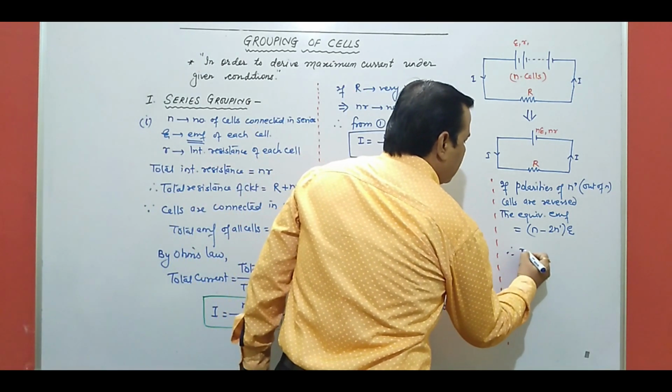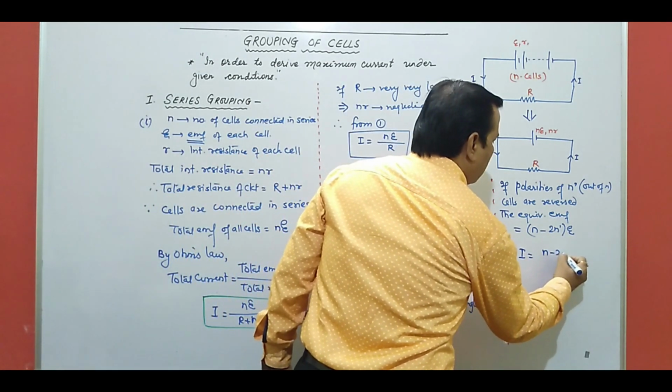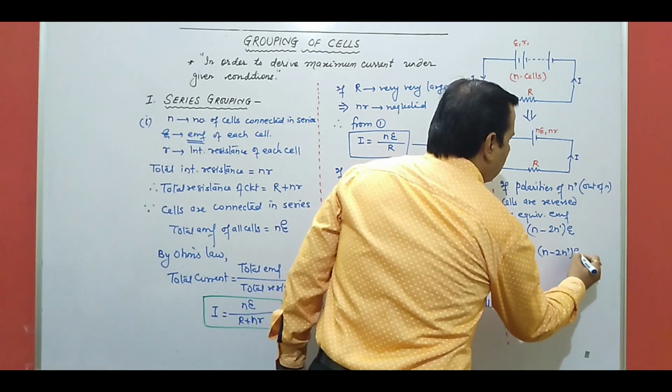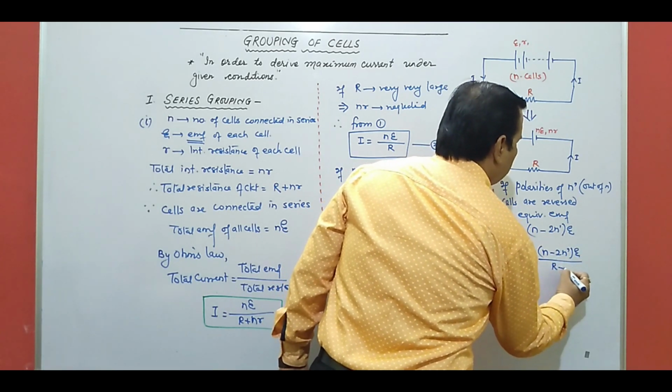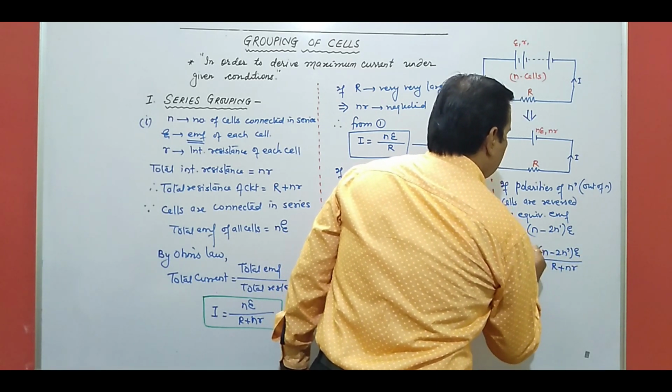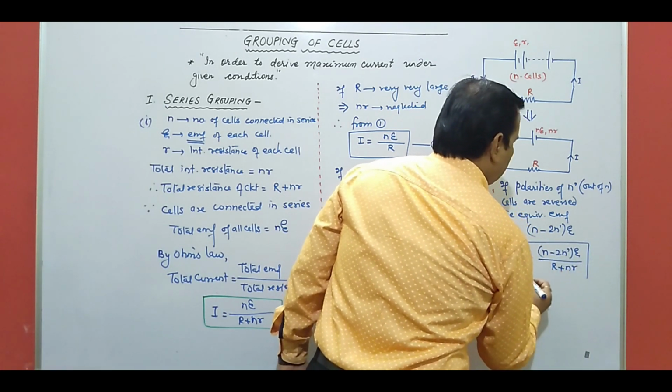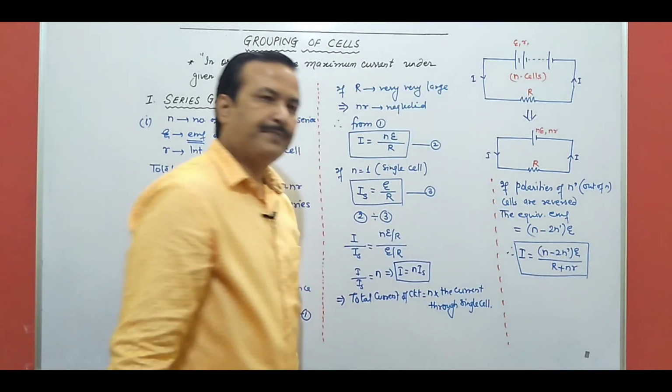Then the current I will be equal to (n minus 2n')E upon R plus nr. This is another result.